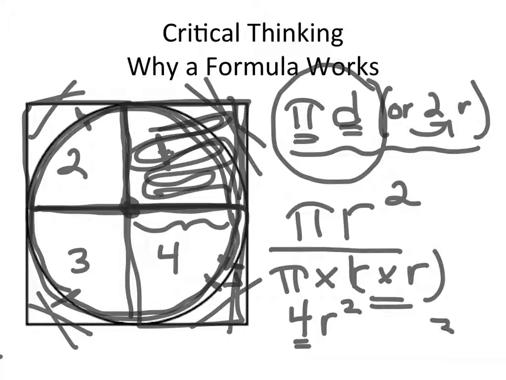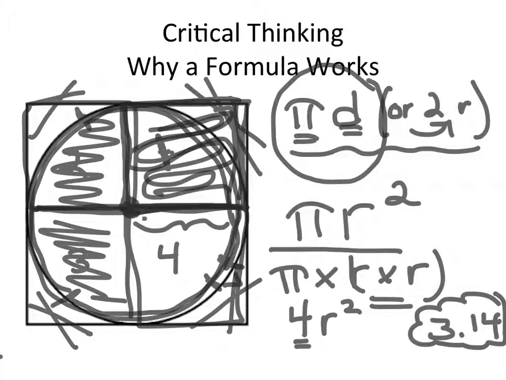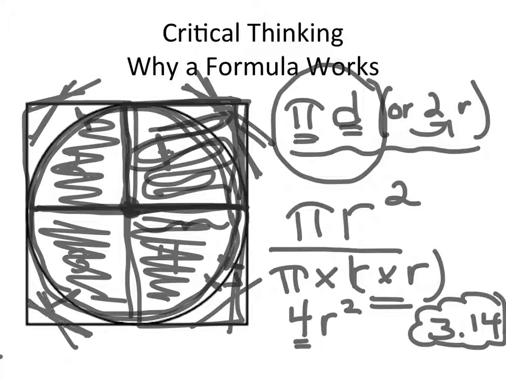Oh, pi, the magic number pi, is smaller than 4. And if I take my radius squared times 3.14, or whatever number you use for pi, that will give me the area of just the circle. So pi is this magic number that just cuts off the corners for us, which is quite amazing.